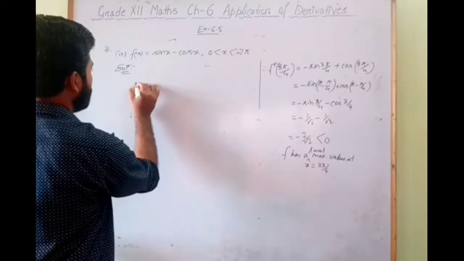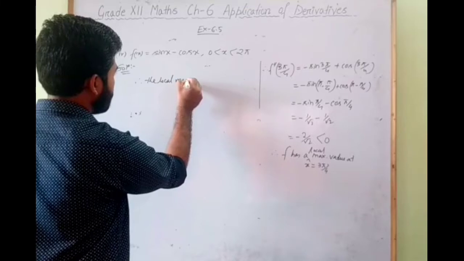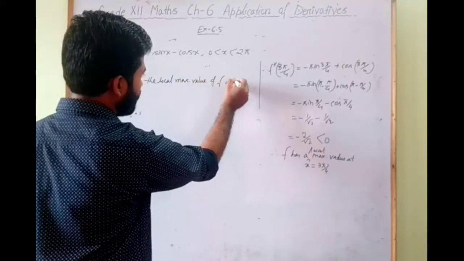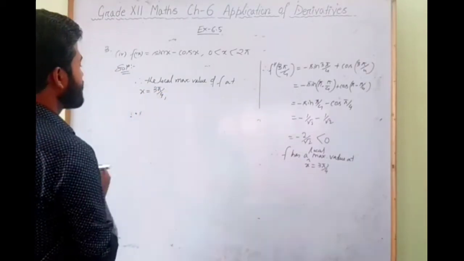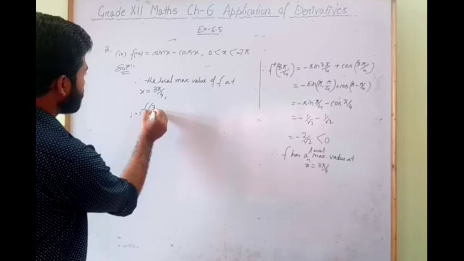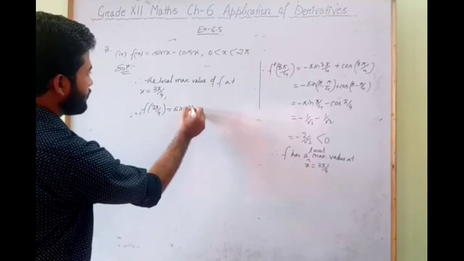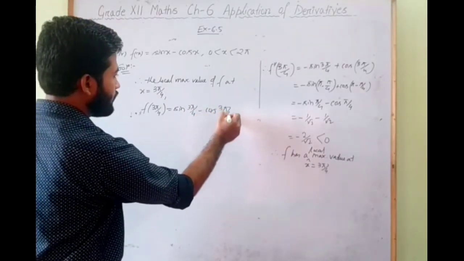Therefore the local maximum value of f at x is equal to 3 pi by 4 is given by f of 3 pi by 4, and that is equal to sine of 3 pi by 4 minus cos of 3 pi by 4.